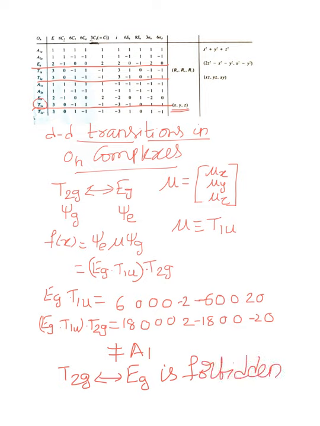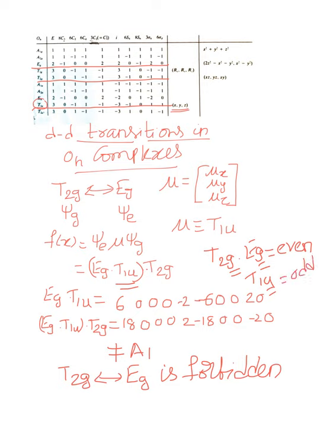Actually we need not even do this complete triple product, but we can just see that T2g, Eg, g means gerade or even function. So even function into even function is an even function. For mu it is T1u, u is ungerade or odd function.